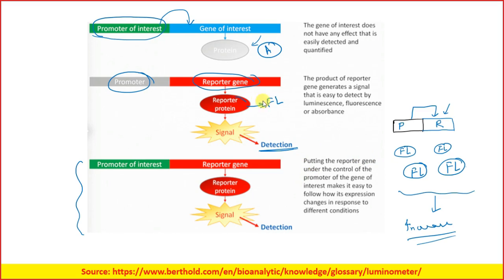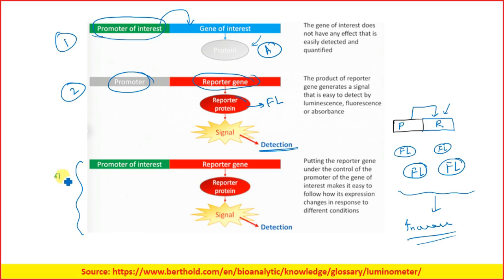Now here, you do not know anything about this promoter, but you are interested in the reporter gene. So in the first case you will take the promoter of interest. From the second case you will take the reporter gene.